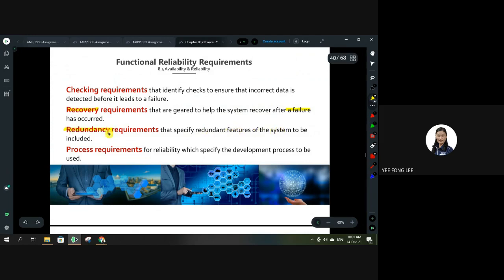That's the purpose of this. How about the process requirement here? This will ensure good practice is used in the development process, and the practices specified should be managed to reduce the number of faults in the system.